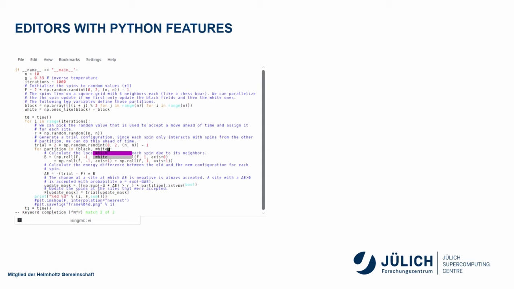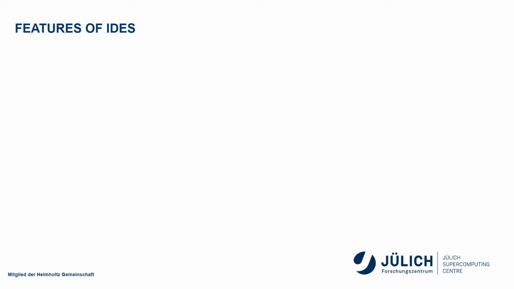Others might want a more clickable environment. But before we get to that, let me just briefly summarize what I mean if I talk about an IDE. What are the minimum requirements that I see when I would start calling something an IDE? An IDE should give me syntax highlighting and autocompletion with tooltips.